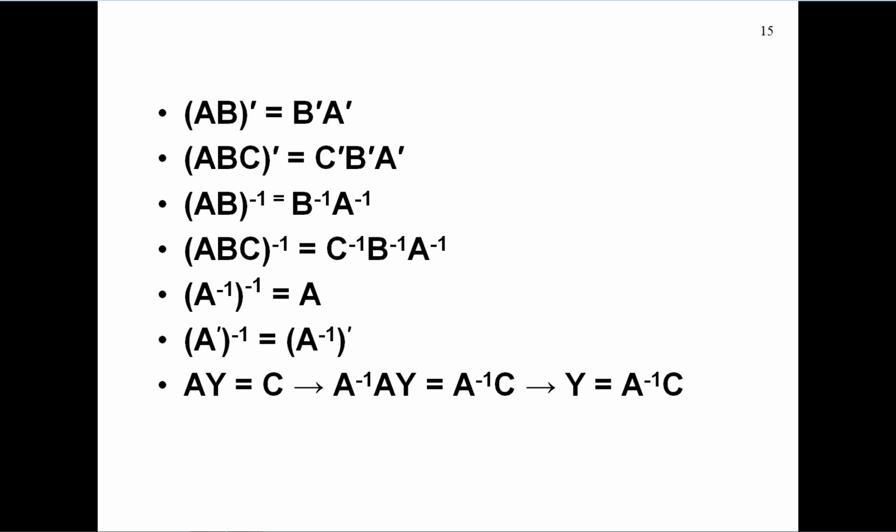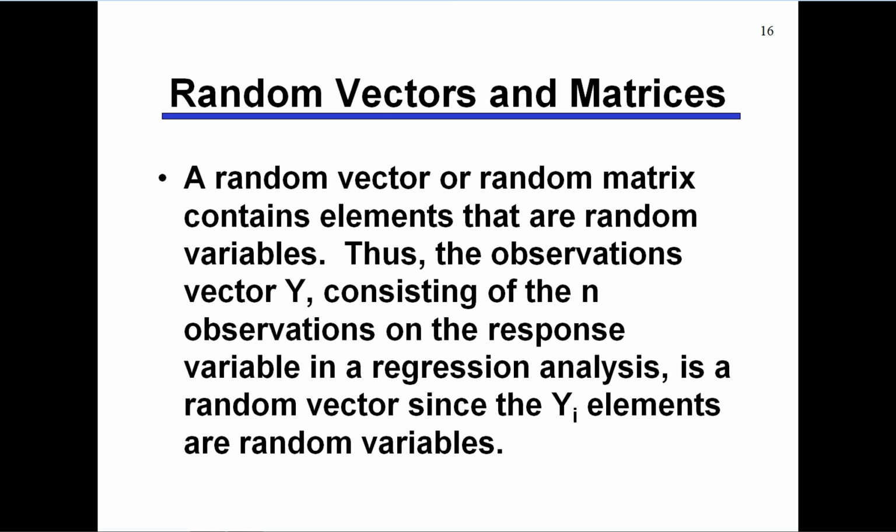And so we're left with Y equals A inverse times C. So if we can find the inverse of this matrix of coefficients in that last bullet, then we're off to the races. But we have to remember every square matrix does not have an inverse. This notion of rank, this notion of linearly independent rows or columns is important.